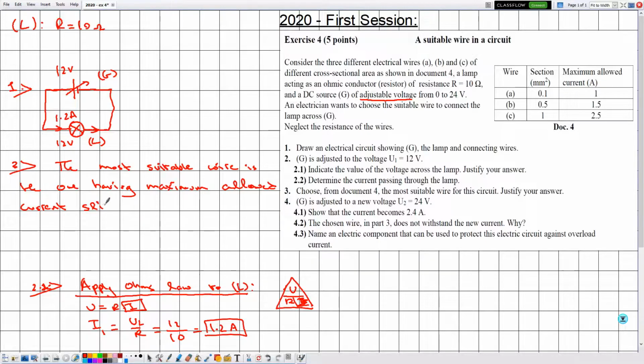Slightly greater than the traversing current. Then in this case, this is given by 1.5 amperes and our choice would be wire B.